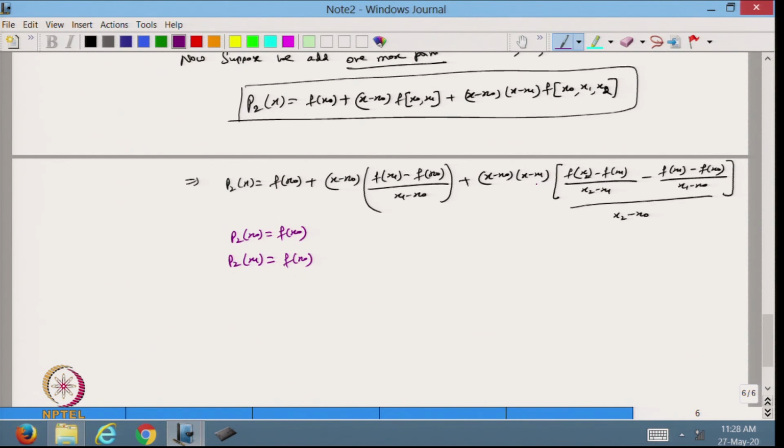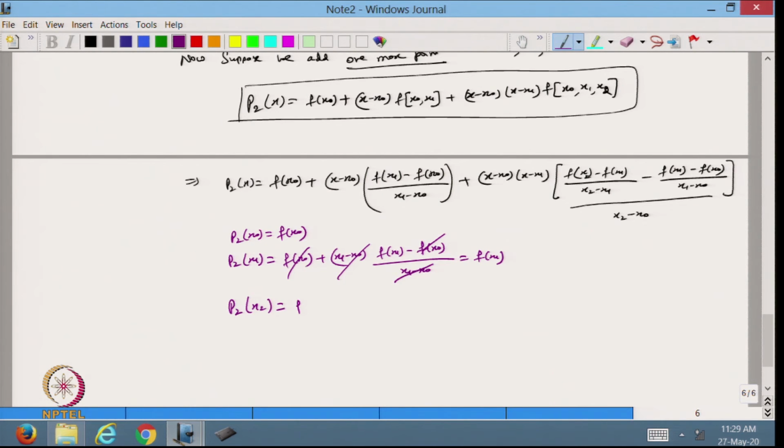So, x1 is here, so all these terms will be 0. So, this will be x1 minus x0, x1 minus x0. So, this will cancel out, this will cancel out. So, this will be equal to f(x1). Similarly, I can write p2(x2).